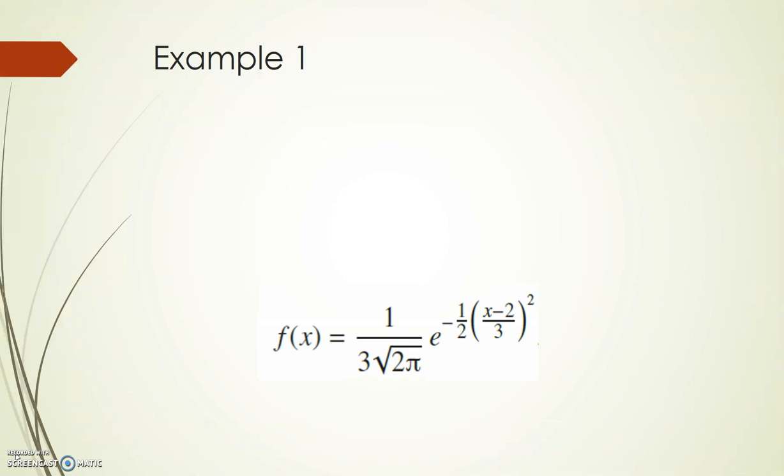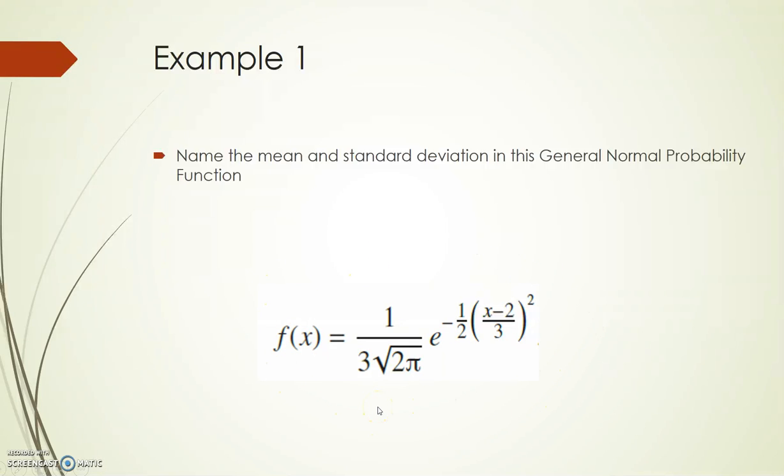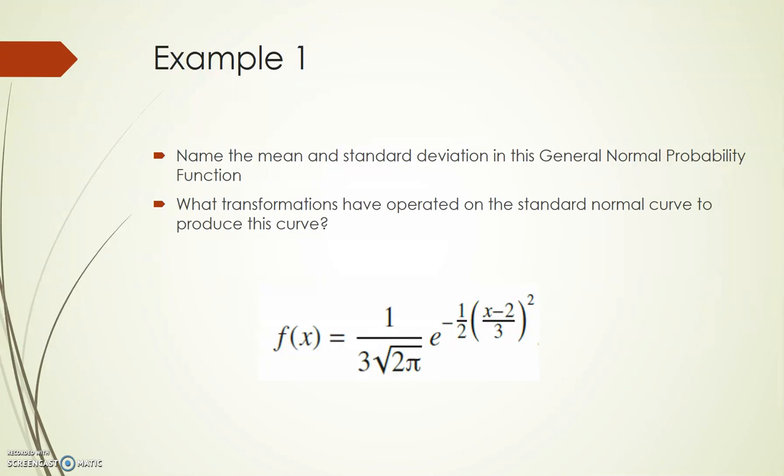Let's look at this example. We have this general normal density function given to us, and we want to first of all write down what is the mean and standard deviation of the general normal probability function, and what transformations have operated on the standard normal curve to produce this curve. Well, first of all, here we can see that the standard deviation is 3 from this value here and this value here, and the mean is 2.